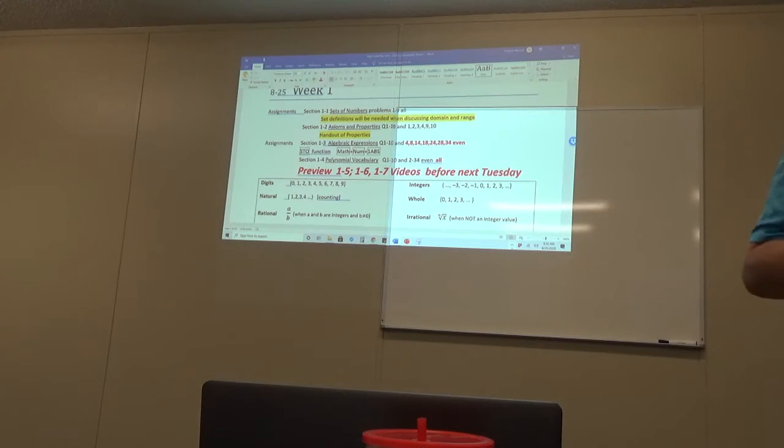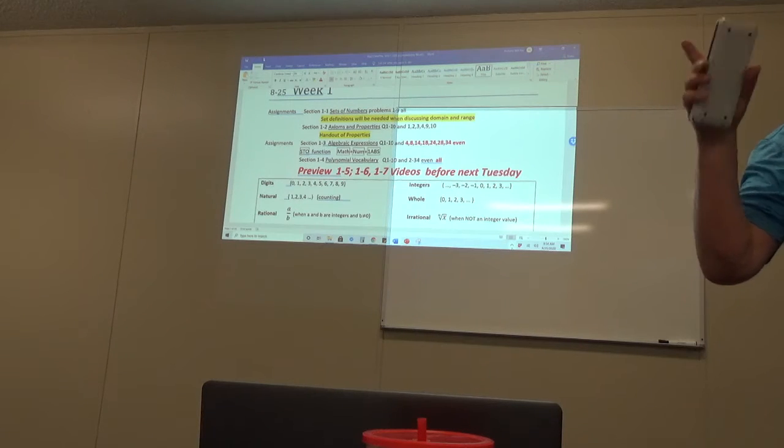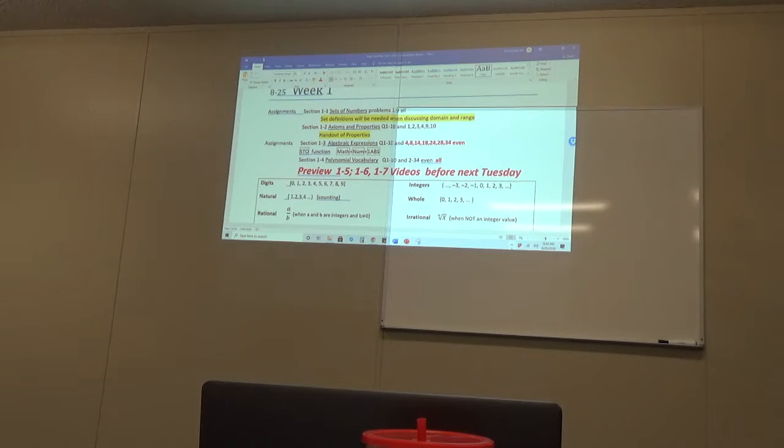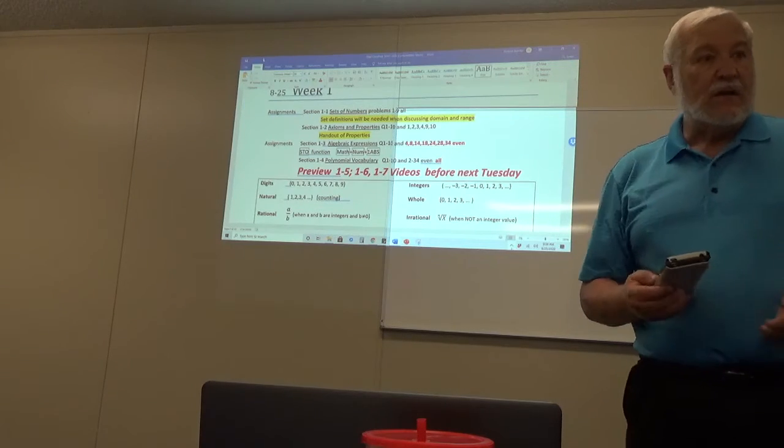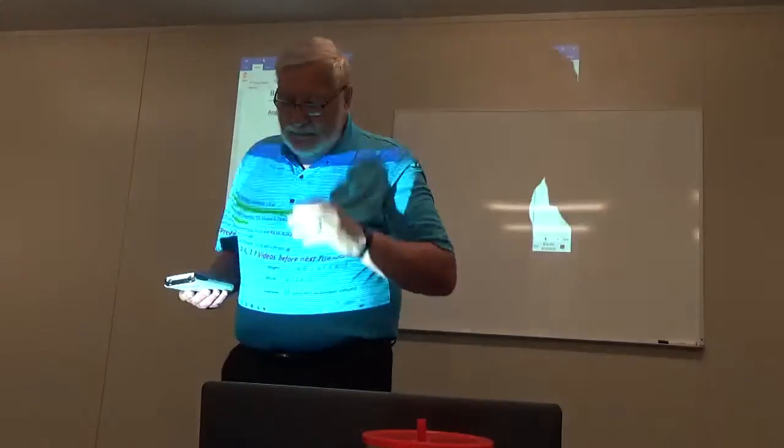If you have a new calculator, do you have a calculator? Okay, good. Old one. I'm going to get the old one because some of the old ones, the technology hadn't improved. So, all right, we're going to look at the square root function.